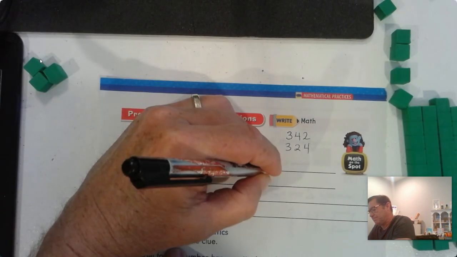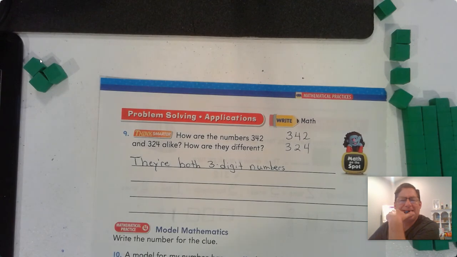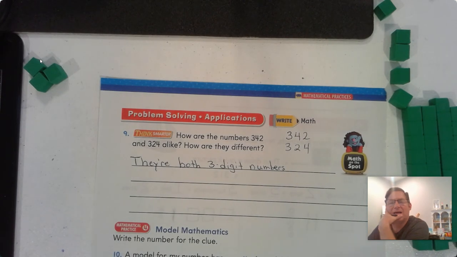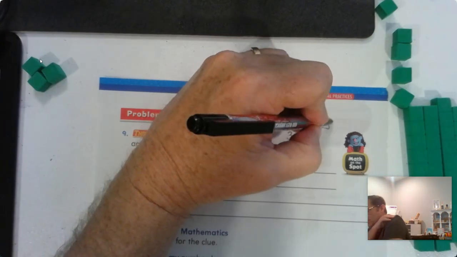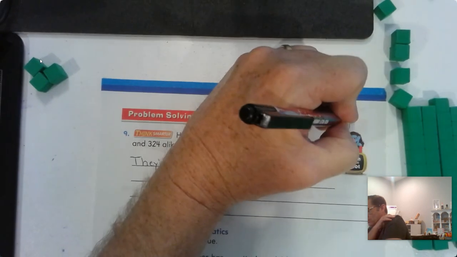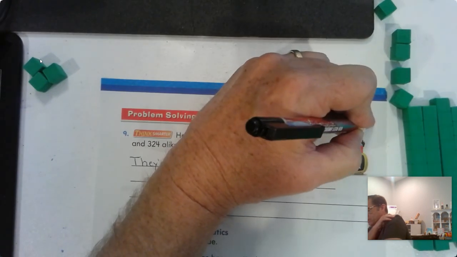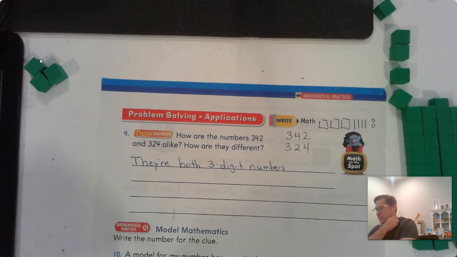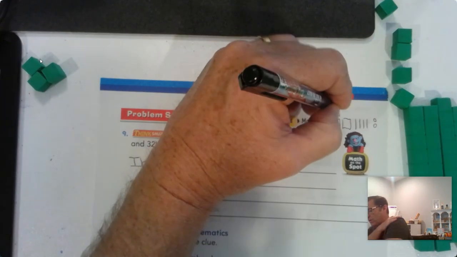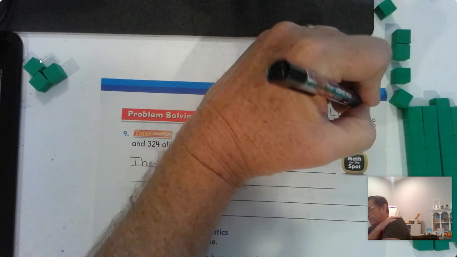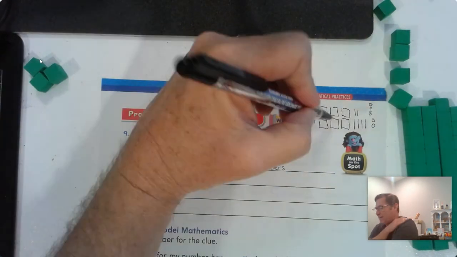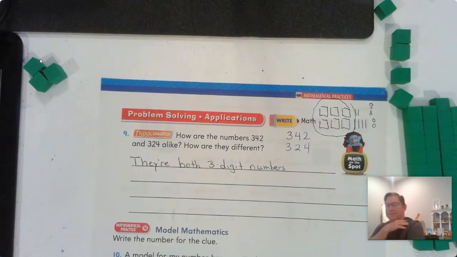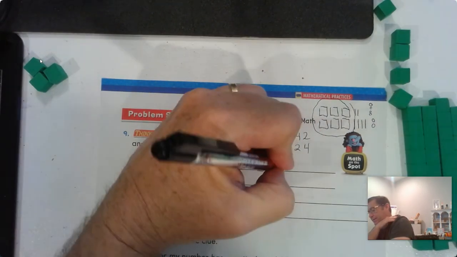Is there anything else that they have in common? Well, let me draw a picture of them. That's 342 and 324. Well, the only thing I really see that's in common is that they both have 300.